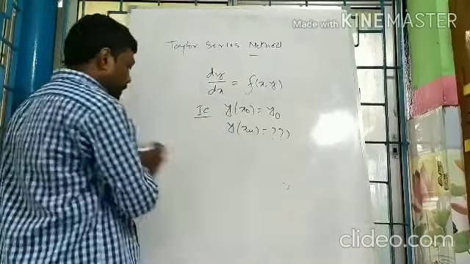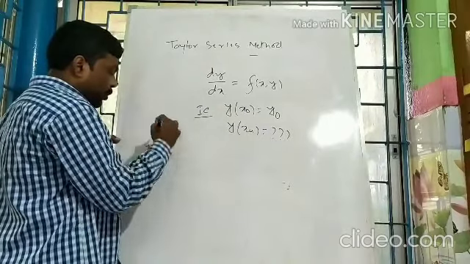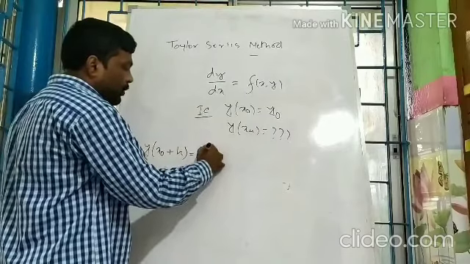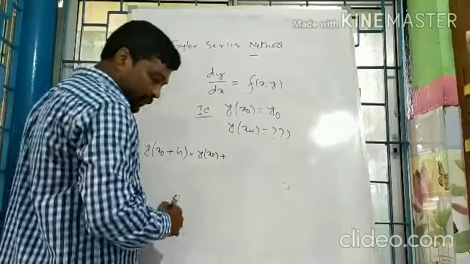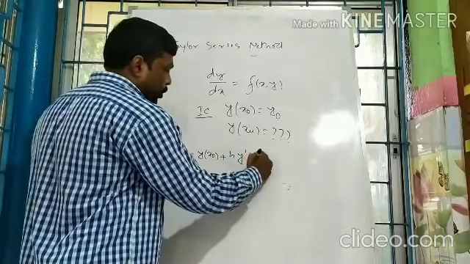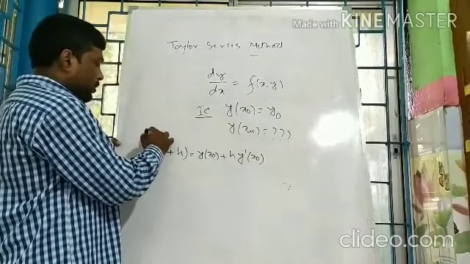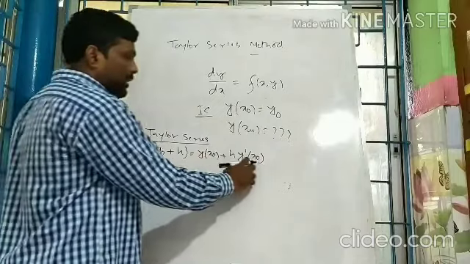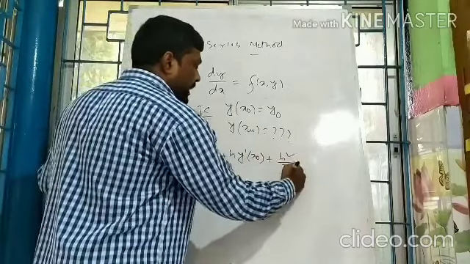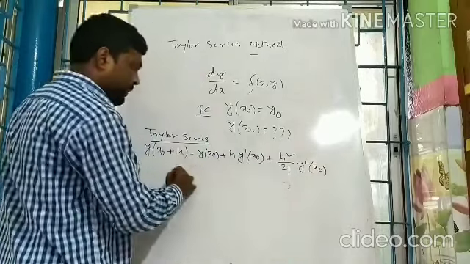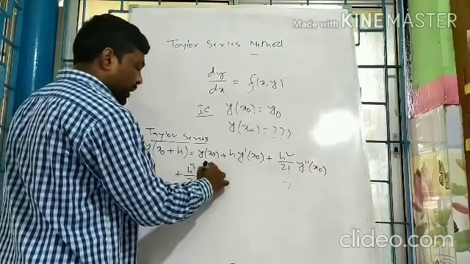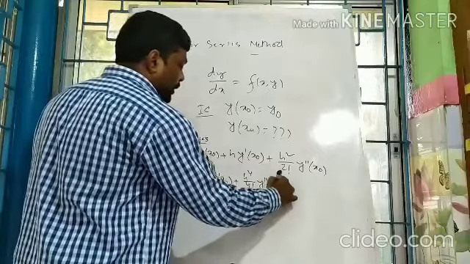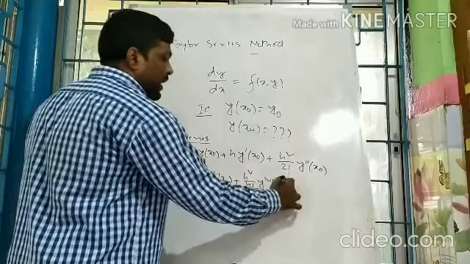Now, what is the Taylor series? Taylor series around the point x0 with step length h or radius h: y(x0 + h) = y(x0) + h y'(x0) + h^2/2! y''(x0) + h^3/3! y'''(x0) + h^4/4! y4(x0), the fourth order derivative of y at the point x0, plus so on.